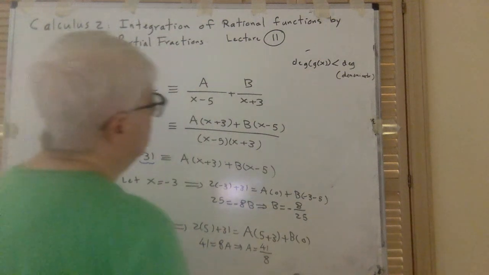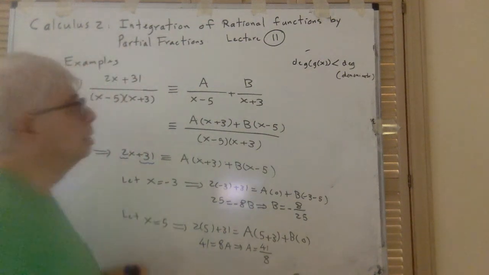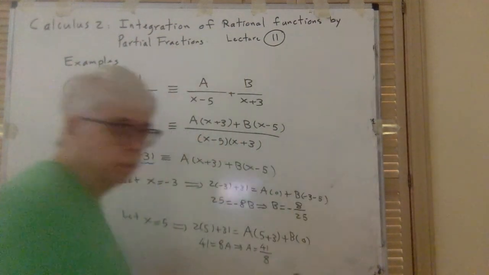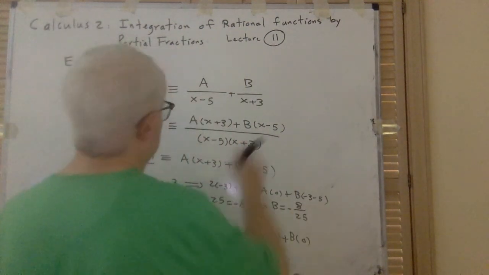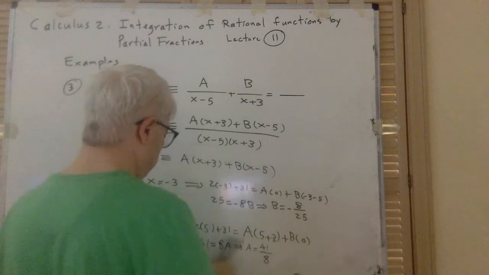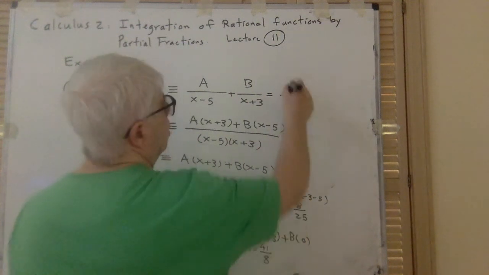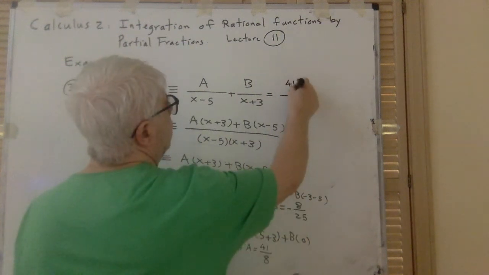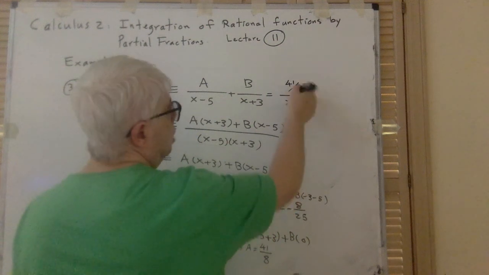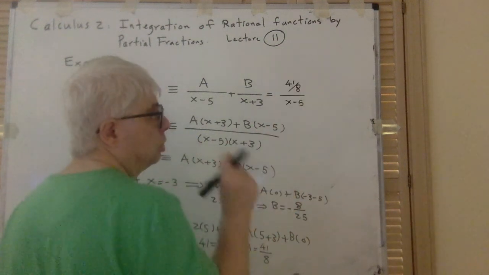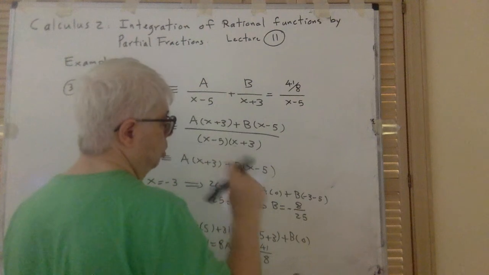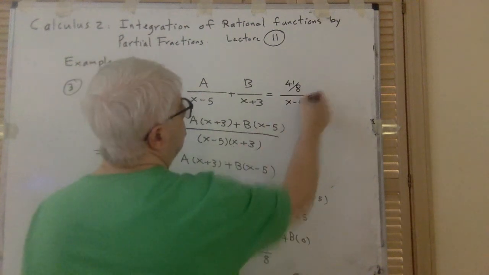So in the end, these two are in fact what was a? Write it like this: 41 over 8, x minus 5, right there. If it is a fraction, write it in the numerator as a fraction. That's just an important piece of advice.